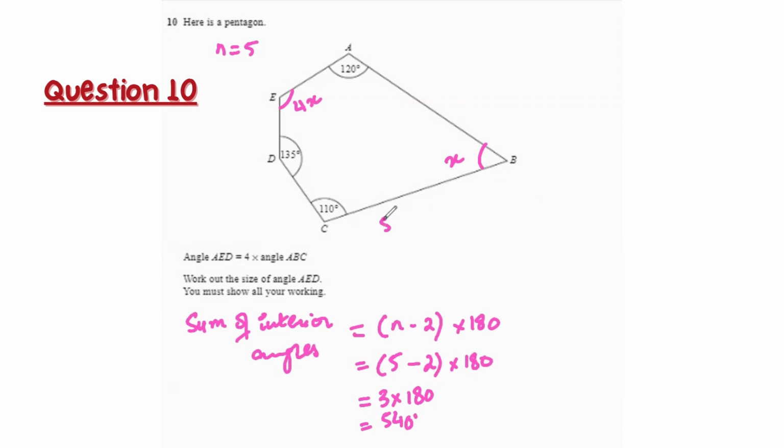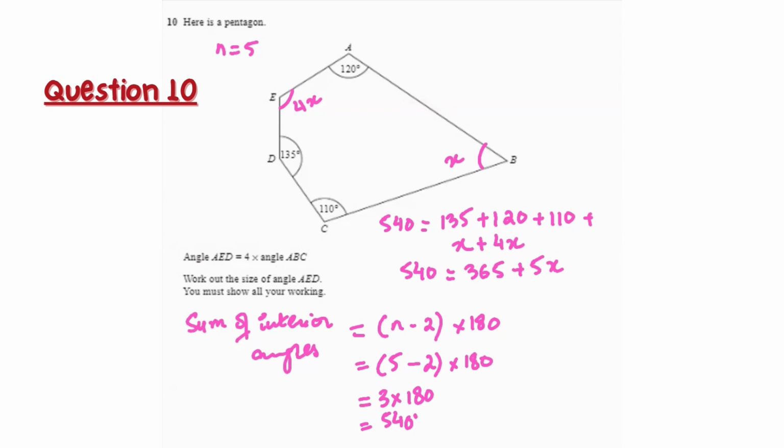Now what we're going to do is put 540 equal to the sum of all of these interior angles. So that's going to be 135 plus 120 plus 110 plus x plus 4x. So that's going to be 540 equals 365 plus 5x.